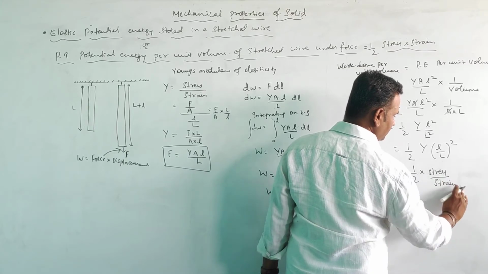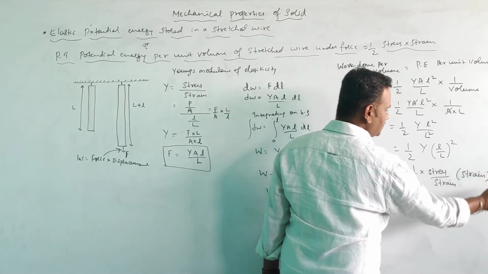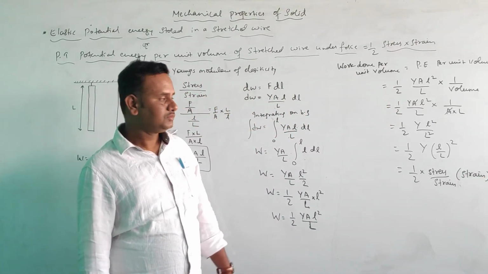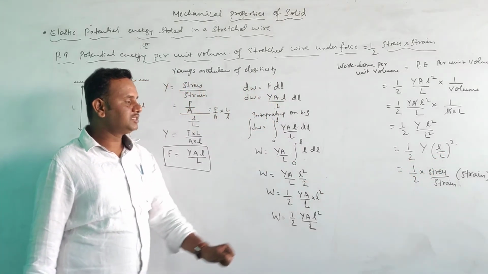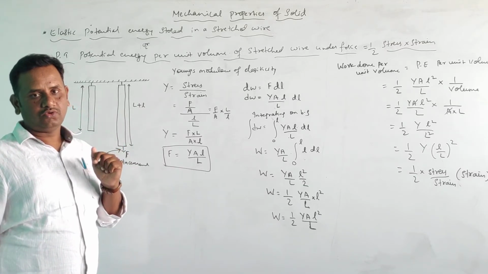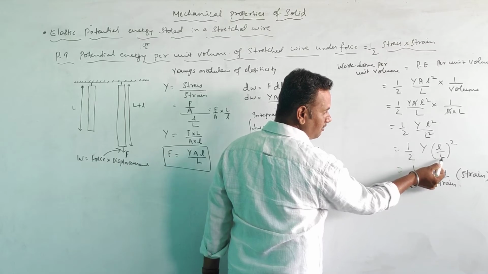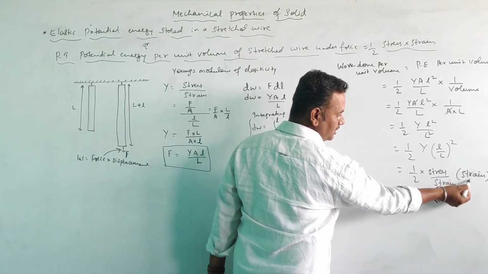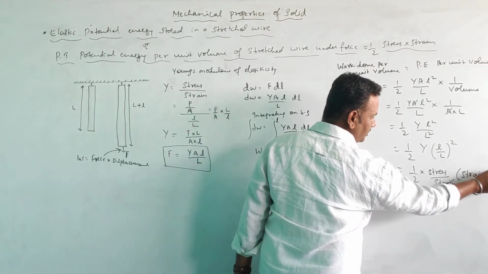So therefore I can write this as strain whole square. As we know from the definition, strain is equal to change in length to the original length. So here one strain will get cancelled.